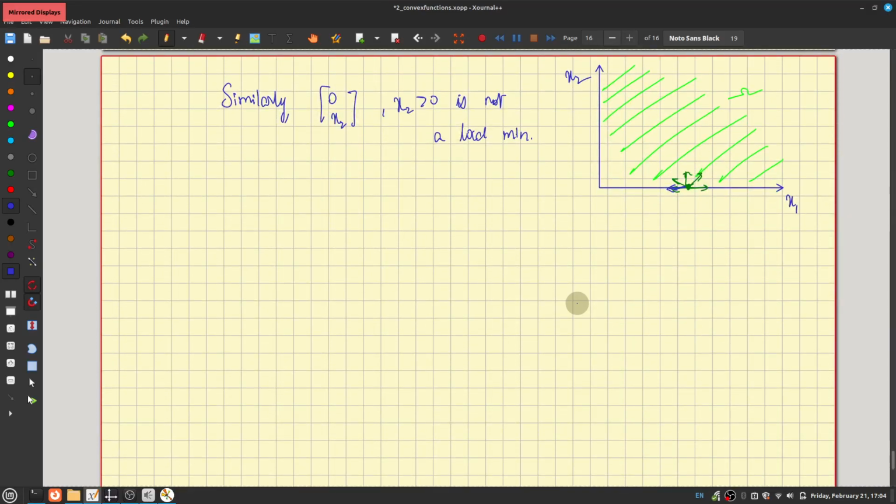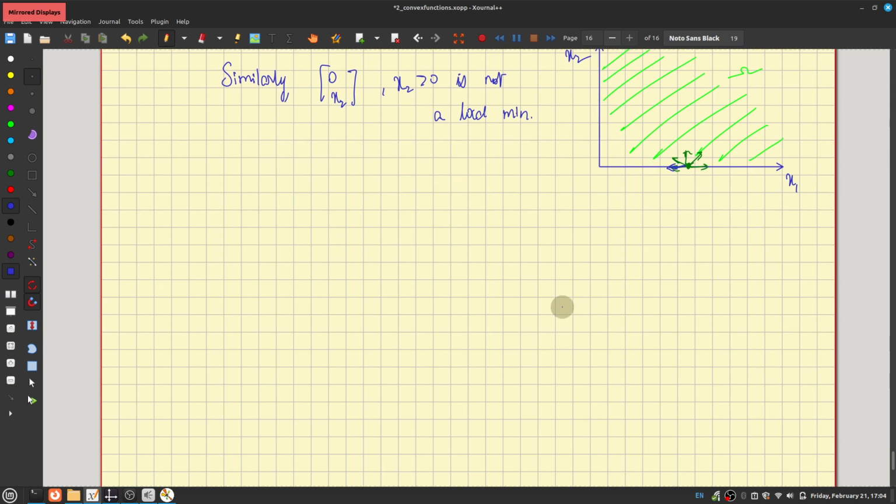But for example, could it be a local maximum? Potentially, it could be a local maximum also. So then, how do we decide?